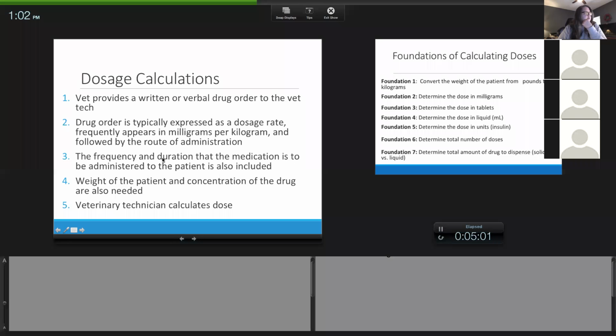So you're going to need the frequency and duration. How many days are we doing it for? Is it a one-time dose? Is it BID for 5 days? The weight of the patient is the first thing you need. Also, the concentration that the drug comes in. And most of the time, the technician is the one that does the dose.